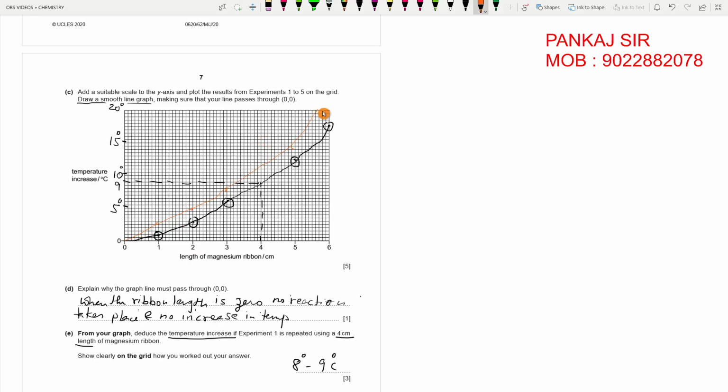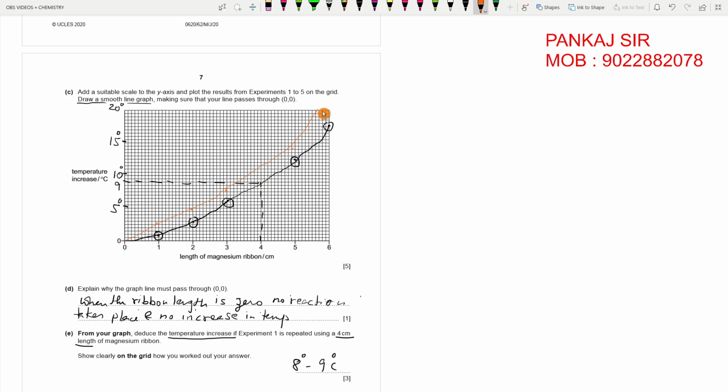Fine. Now next question is, the volume of the dilute sulfuric acid could be measured with a 20 centimeter cube pipette. State one advantage of using a pipette rather than the measuring cylinder.